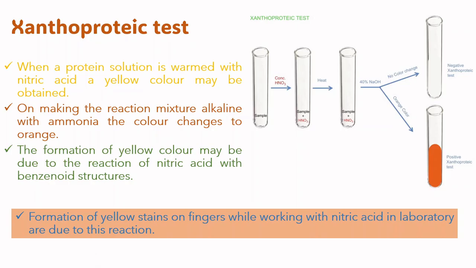So that is why our skin turns yellow or slightly orange when we handle nitric acid. So in the xanthoproteic test, a protein solution is warmed with nitric acid. Then we will get a slightly yellow color. Now on making this reaction mixture alkaline, when we add NaOH, this yellow color changes to orange color. So this test is known as xanthoproteic test.